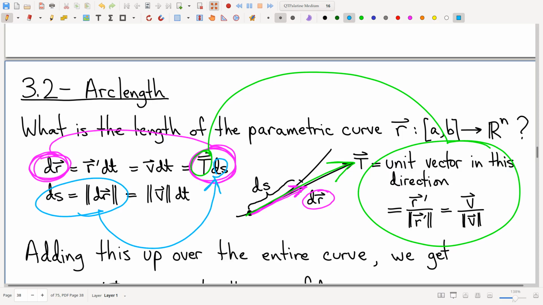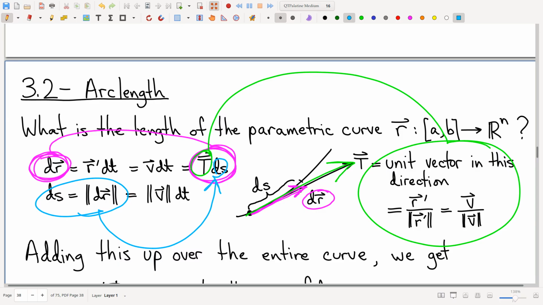So when I claim that dr is T ds, all I'm really claiming is that this is the direction it's pointing and this is the magnitude it has. And direction and magnitude is what a vector is. So that's, I think, really the best way to think about it, arguably the most natural way.